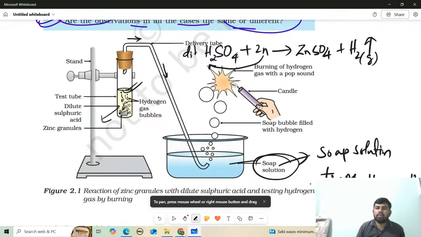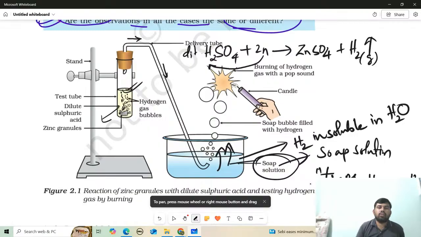Why should it be trapped, sir? Because hydrogen gas H2 is insoluble in H2O. It wants to escape, right? So it can be trapped by the soap solution.